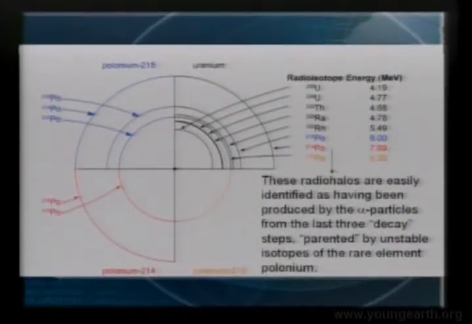The top right-hand corner, we see a cut-down version of the earlier diagram with the 8 rings of a uranium radiohalo. Okay, and again the same list of parent and the energies. Look at the rings where we have the 1 ring, the 2 ring and the 3 rings. They correspond to the last 3 isotopes in the decay chain, the 3 polonium isotopes, polonium-218, 214 and 210.